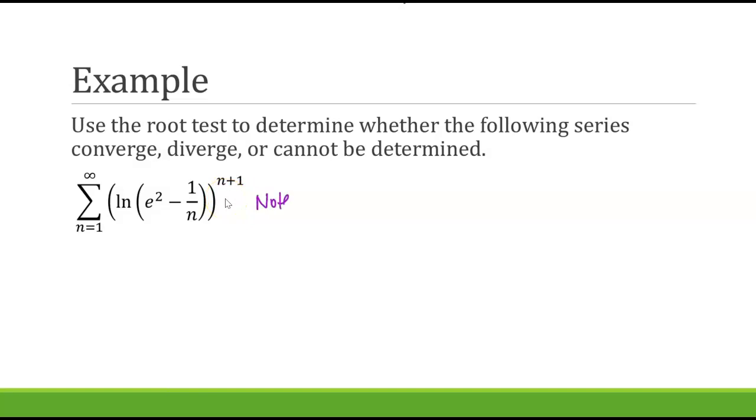We'll start by setting up our limit as n approaches infinity, and then we have the nth root of the absolute value of natural log of e squared minus 1 over n, to the n plus 1. And then we have our nth root. We can think about that as to the 1 over n.